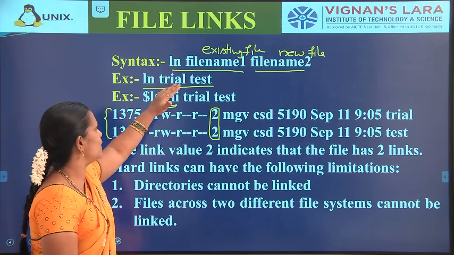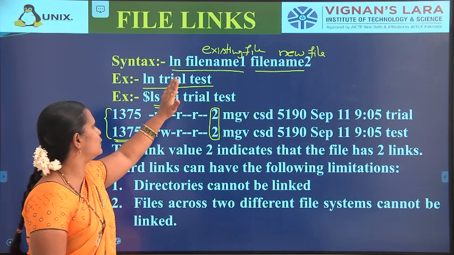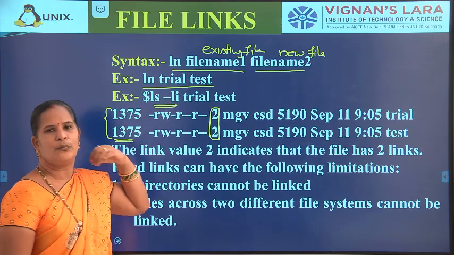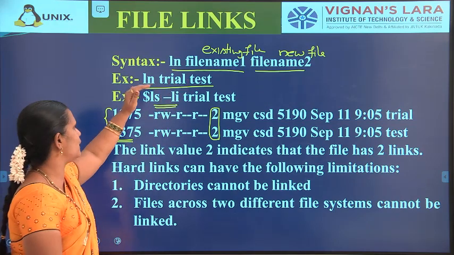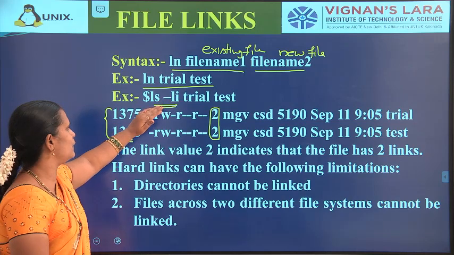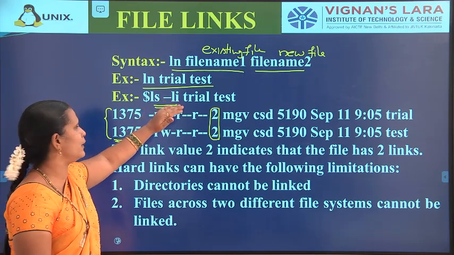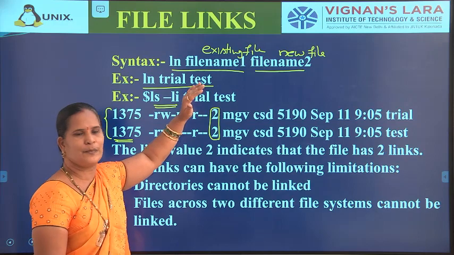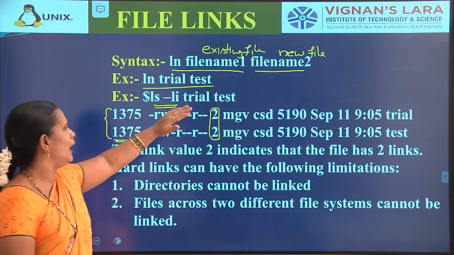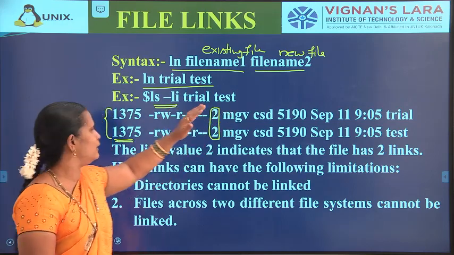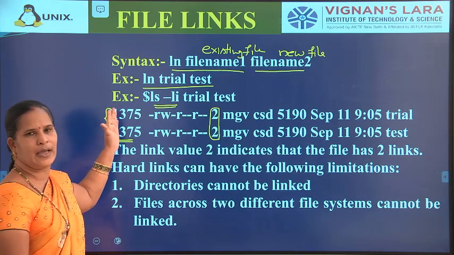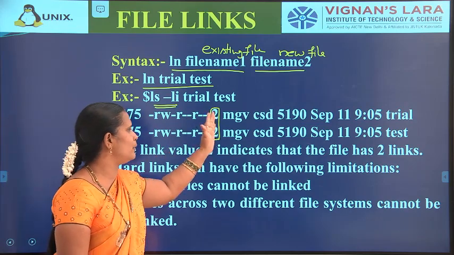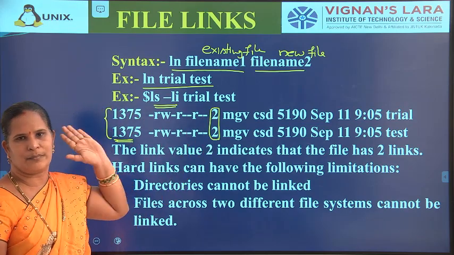After establishing a link between these two trial and test files, we can view the output of this command by typing ls -li trial test. Trial is an existing file and test is a new file. In the first column it is going to display the inode number, and in the third column the link information.